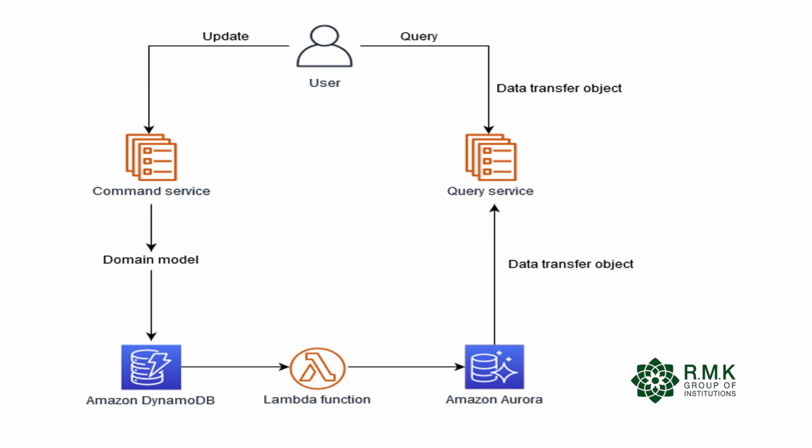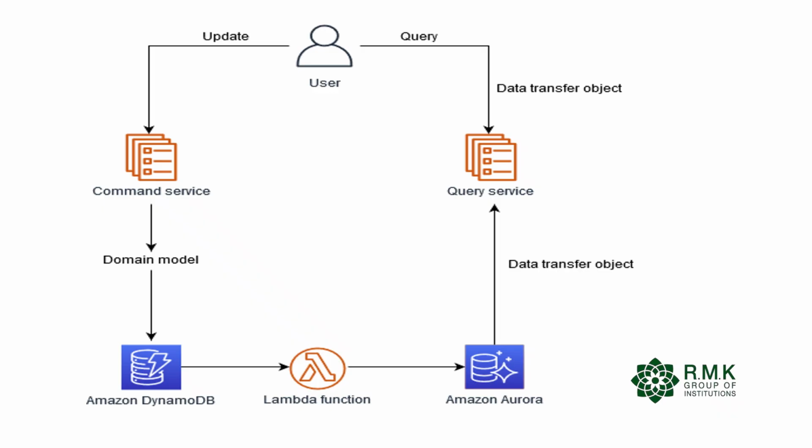Next, coming to the remaining part of query generation. See this example. The user side has one updation section and one query section. In the query section, the queries will be generated, and those are all transferred to the Amazon database. Then, coming to the command service, whatever domain module is implemented is shifted to the Amazon DynamoDB database.